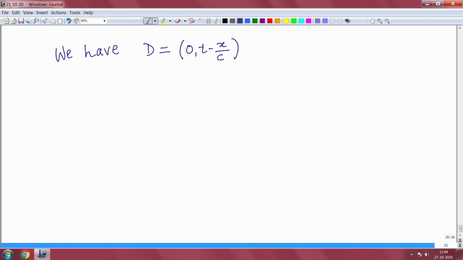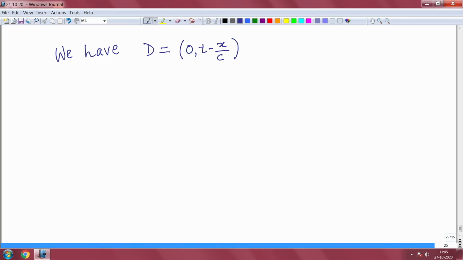Here the characteristics are straight lines, so you have to just compute the intersection of two lines. It is a little bit of work, but you do it.